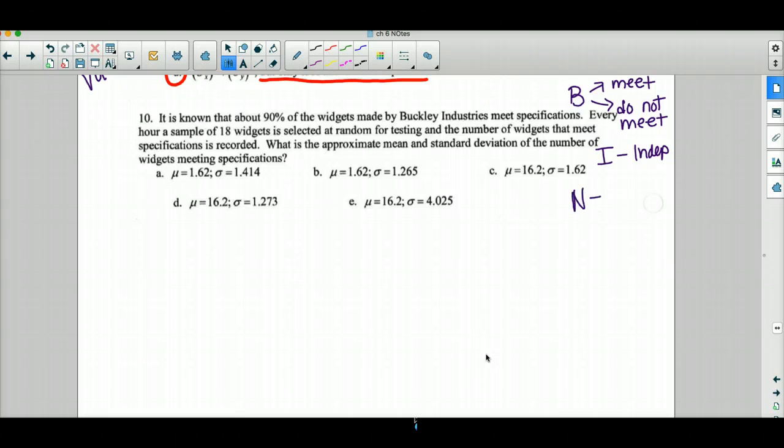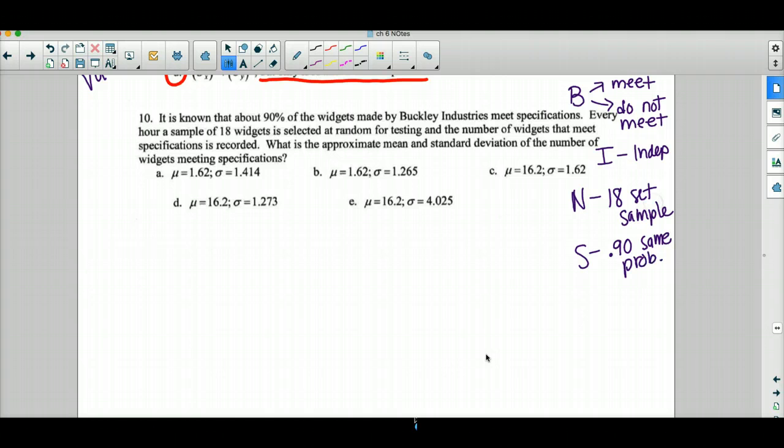And how many widgets are we looking at? 18 is the set sample size. And the probability each independent widget you look at is going to pass is 0.90, the same probability. That's how I know that this is a binomial distribution.